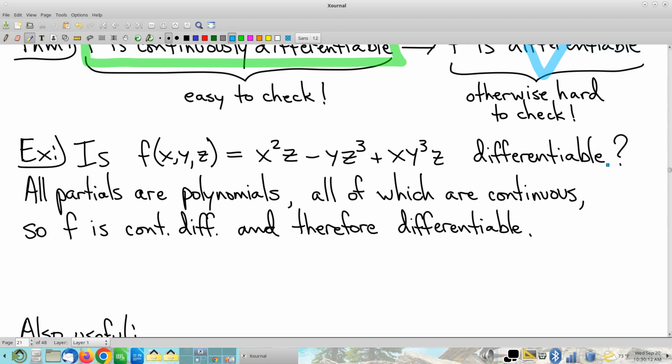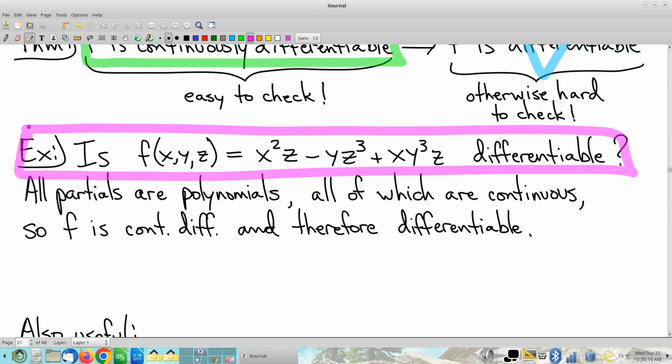So, for example, here's a question. Is this polynomial differentiable? And again, the definition of differentiable is that big expression on the previous page talking about relative error. So, does this function have that property? Well, it turns out it's really easy to answer this question. The partial derivatives of this function, I don't even have to write them all down. I can make a casual observation.